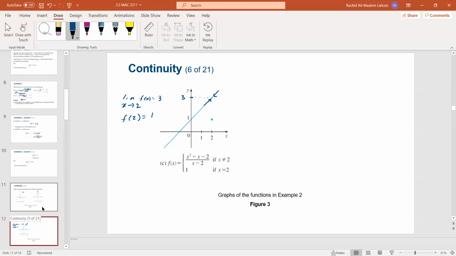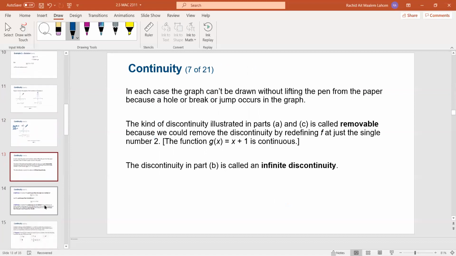Okay, so I think hopefully this helps you to understand what that continuity means. And we use 3 conditions that should be there for it to be considered continuous. And there is something called removable discontinuity, which means you can fix the function so it's continuous.